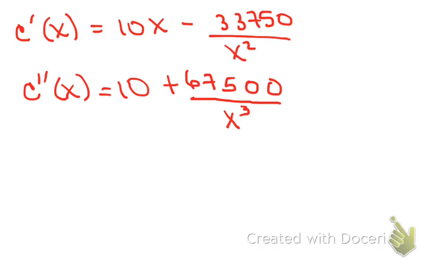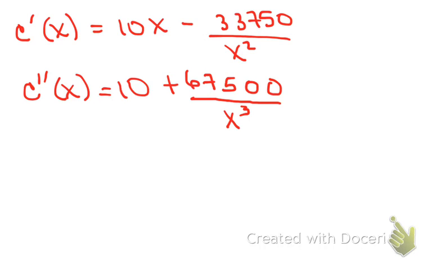We'll carefully take our second derivative, and you can verify that that will give me 10 plus 67,500 over x cubed. And to get that derivative, just take that second term in the first derivative and write that one as minus 33,750 times x to the minus 2. Use your power rule and you get what I've got.